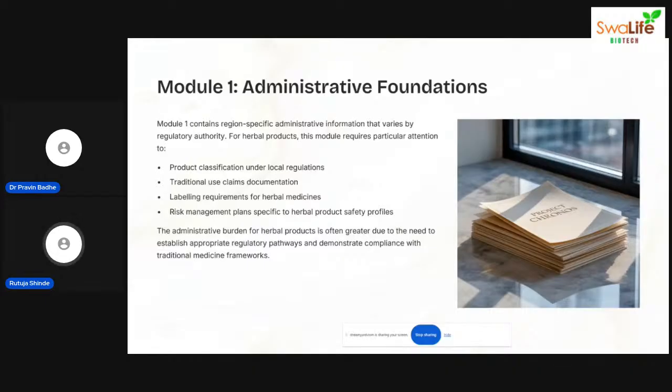You will need to address how the product is classified under local regulations, then provide documentation for traditional use claims, and ensure that labeling aligns with the herbal medicine requirements. There is also usually a greater administrative burden, especially when establishing the right regulatory pathway and risk management plan for the product.